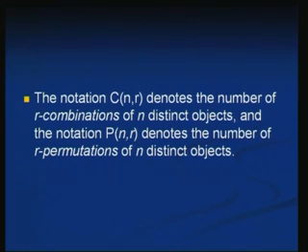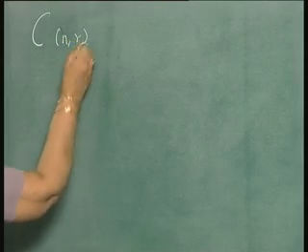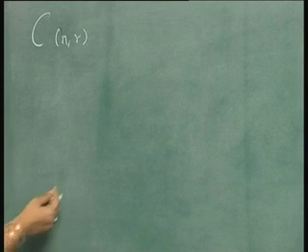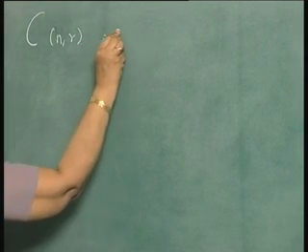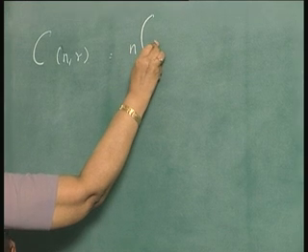Generally, the notation C(n, r) represents the number of r combinations of n distinct objects, and the notation P(n, r) denotes the number of r permutations of n objects. That is, C(n, r) is the number of ways of selecting r objects out of n objects. Sometimes it is also denoted as nCr.